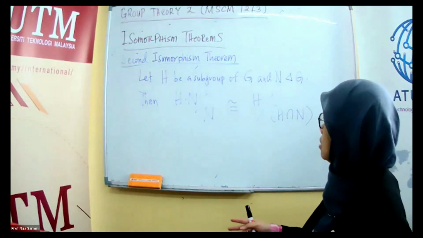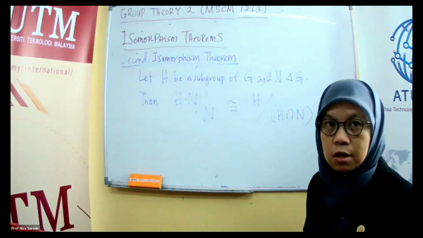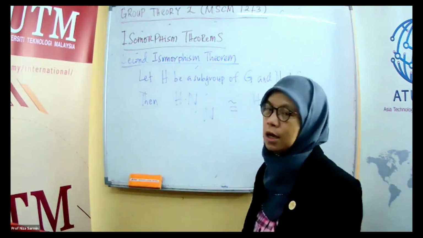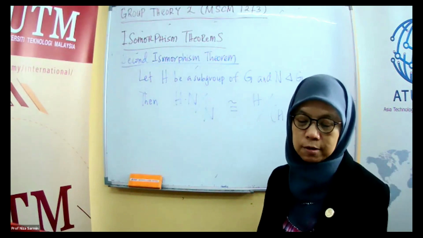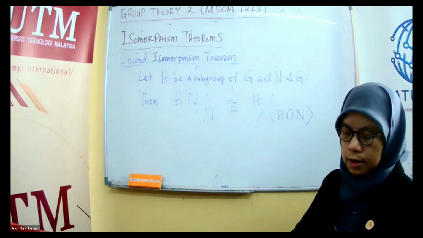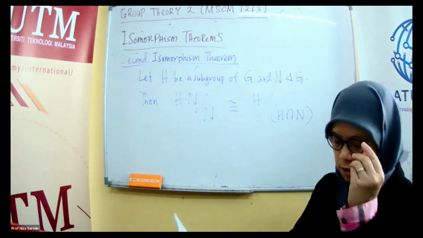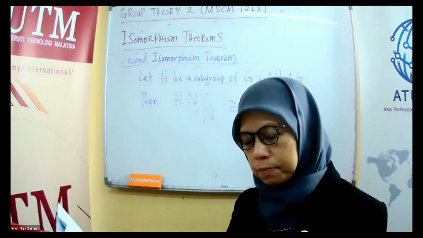If H is a subgroup and N is normal, H dot N is also a subgroup. Try and go through the proof.